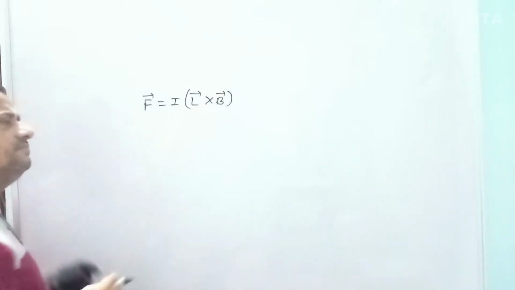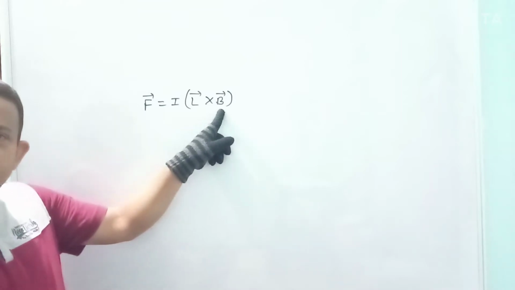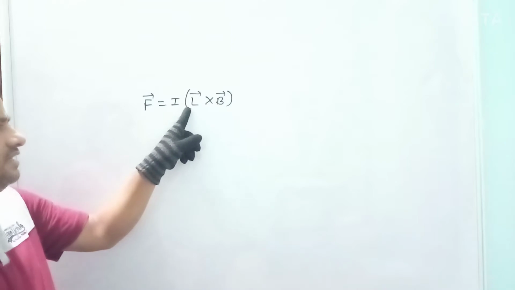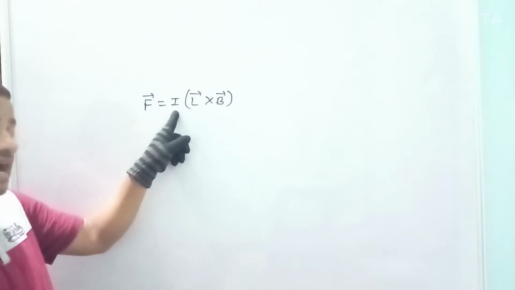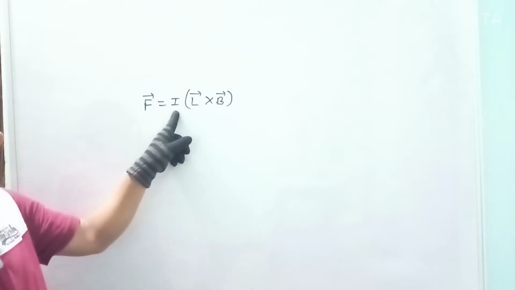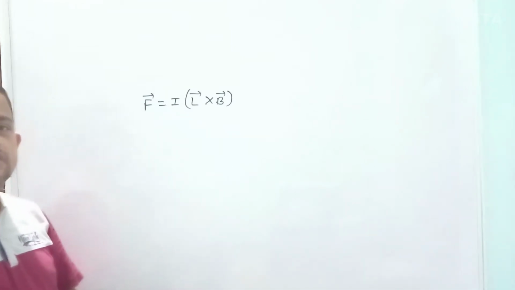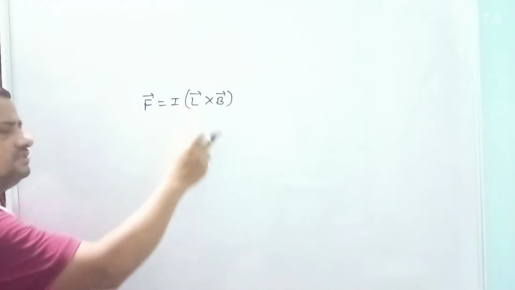That means B is the uniform magnetic field in which a current carrying conductor of length L with current I is placed. So what happens? A force is experienced, that is F is equal to I L cross B.